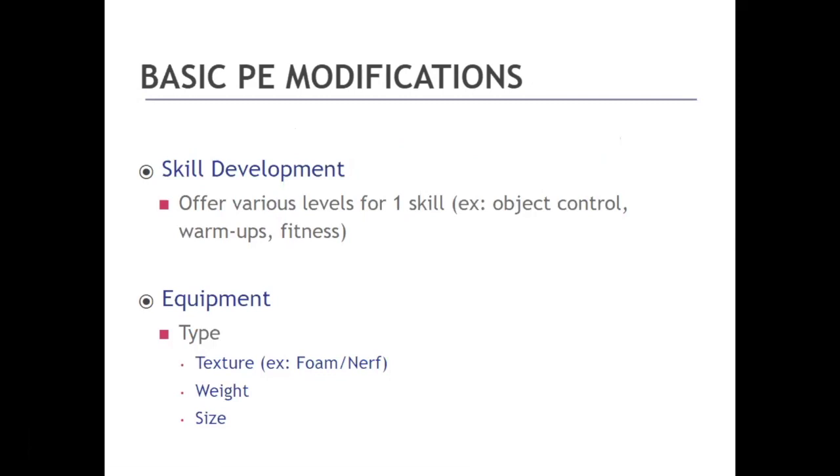We might have, for fitness, some students doing maybe a modified high body plank versus doing a full range motion push-up. For object control, we might see a student using a larger size implement rather than the small size birdie. So that could be changing up skills.